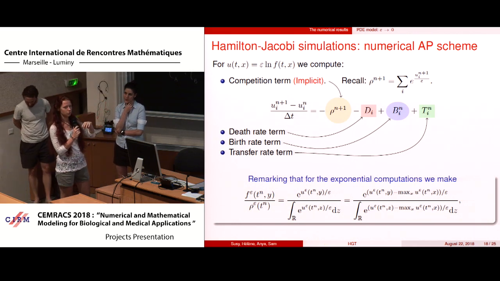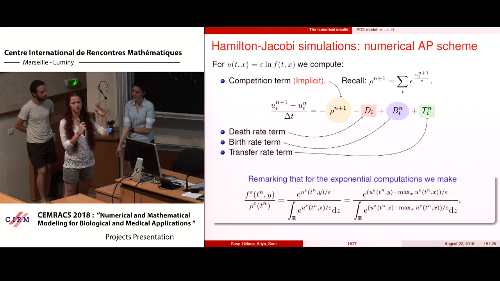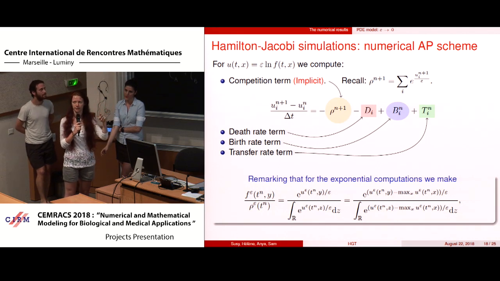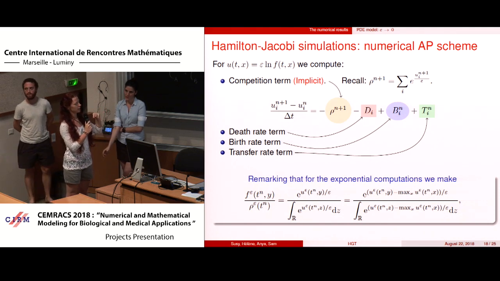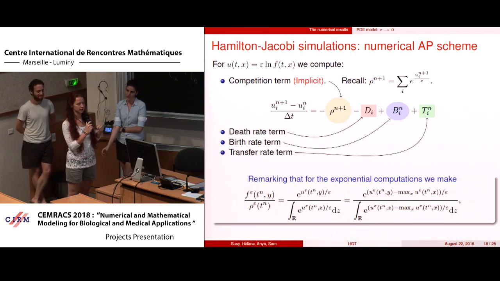While rho is defined explicitly for the PDE model, for this model we cannot just leave it like this and say that it's the integral over the whole population size, because if we try to compute it from the exponent, it will always give us some degenerate values.